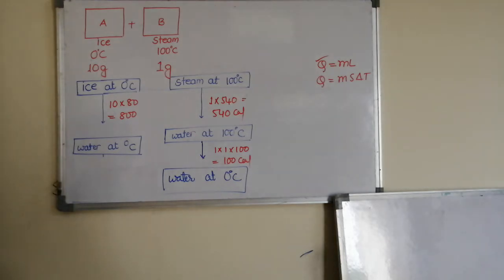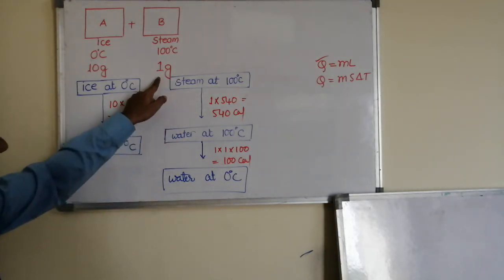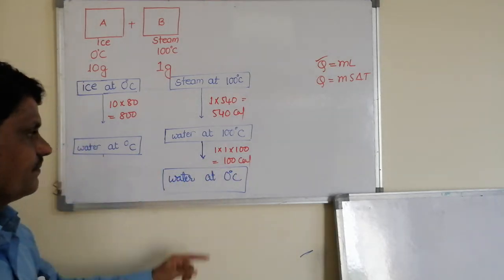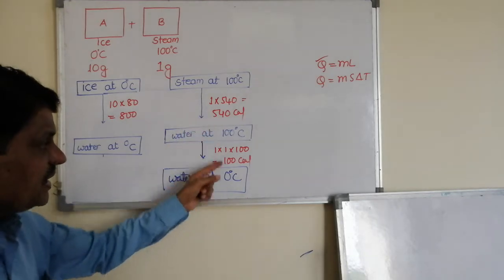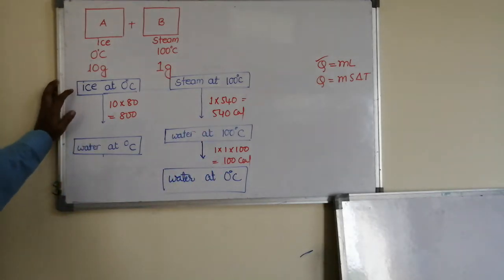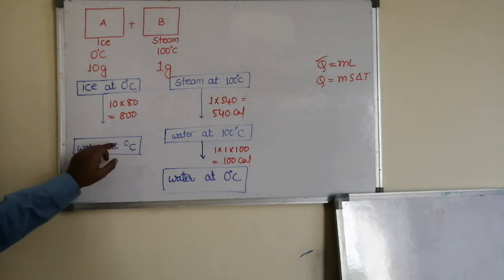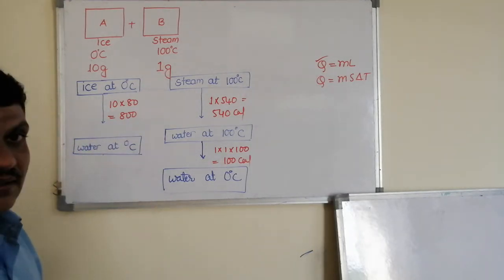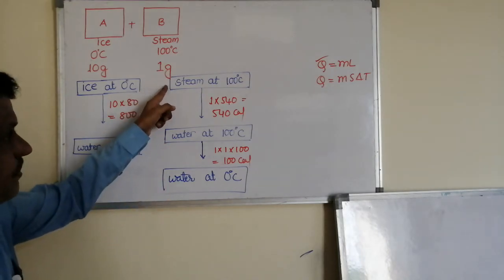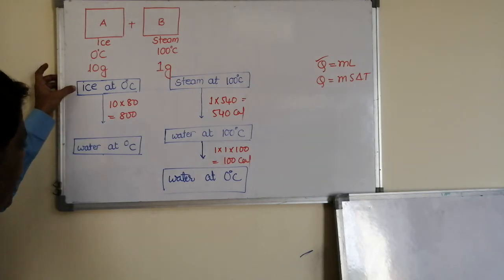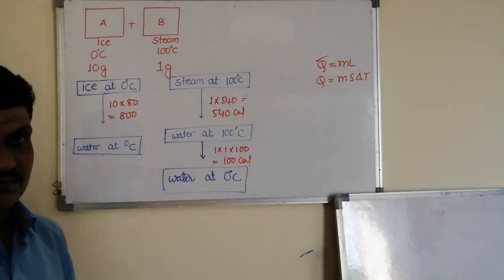So it's clear that even when 1 gram of steam is converted into water at 0 degree Celsius, it can give only 640 calorie. But to bring ice at 0 degree Celsius to water at 0 degree Celsius, it needs 800 calorie. It means it's clear that the steam cannot convert complete ice into water.